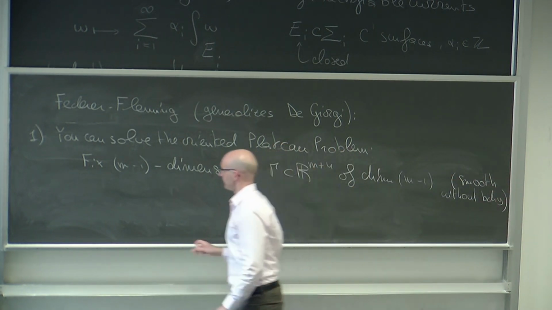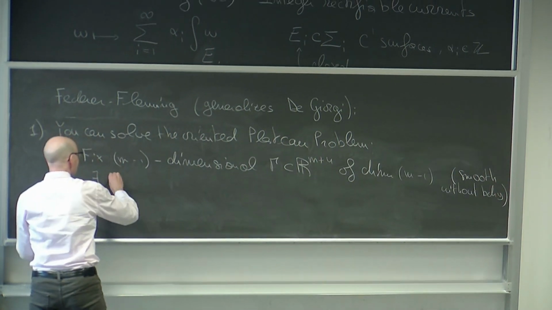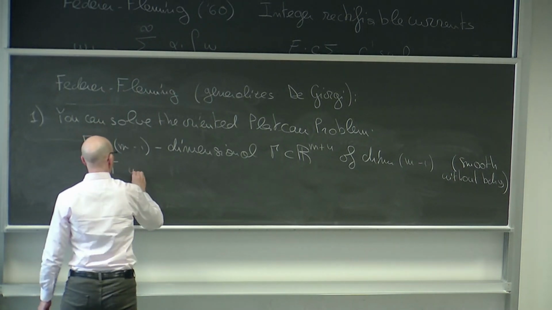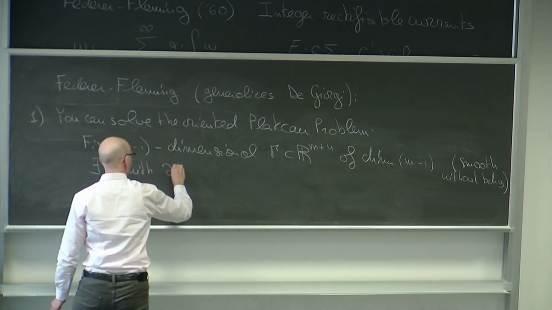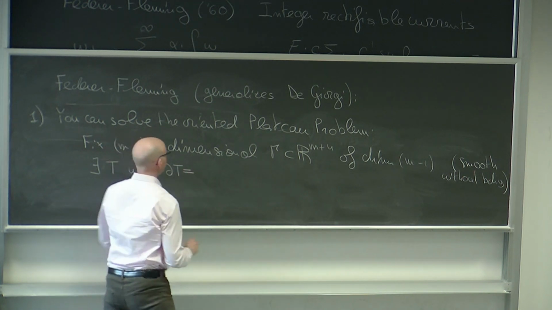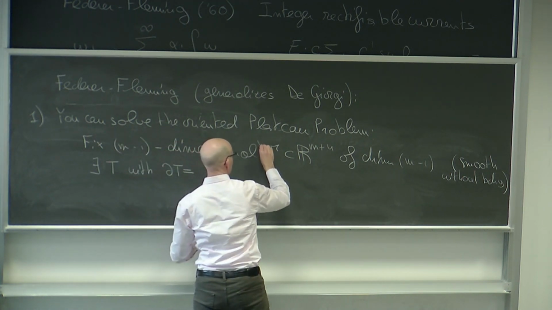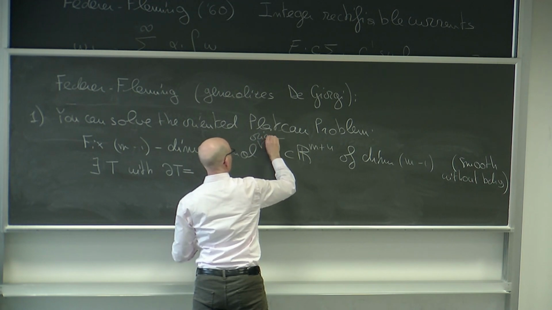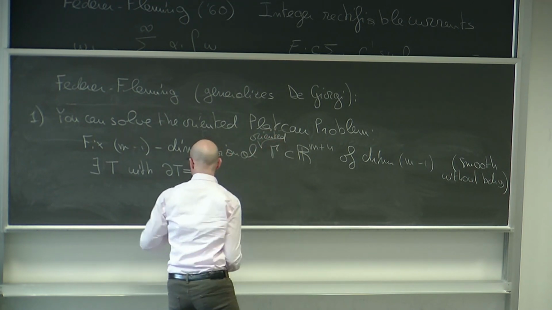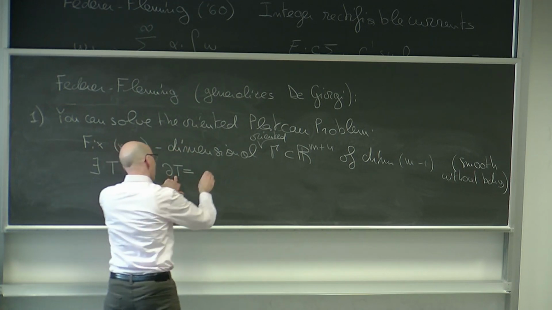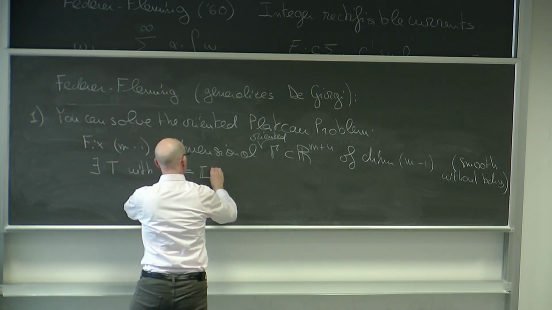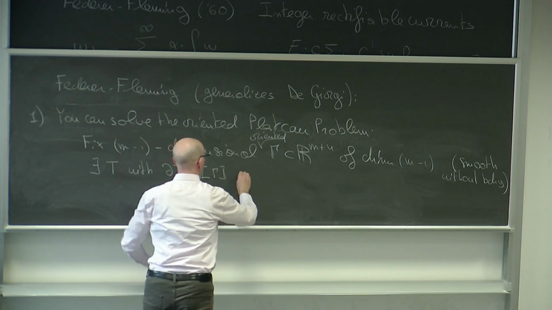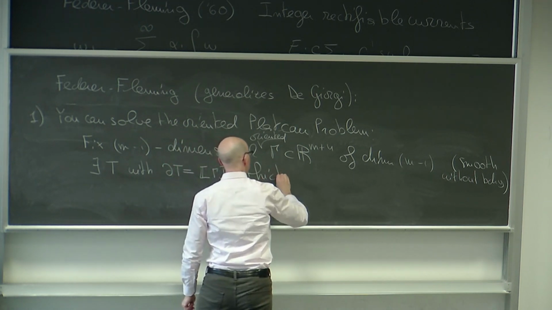Okay, then there exists a current T with boundary of this current equal to gamma, oriented of course, with boundary of density equal to gamma, the action of gamma as a current is usually denoted in this way, which minimizes the mass.